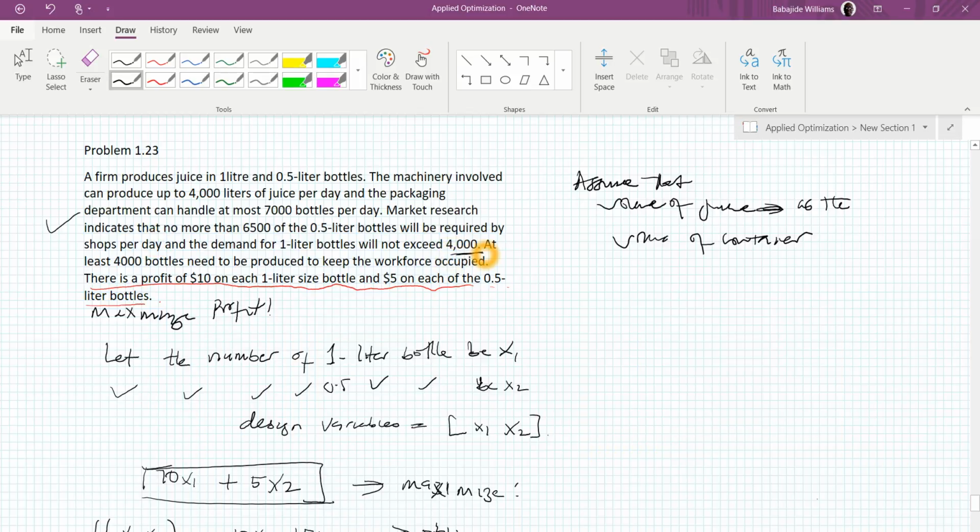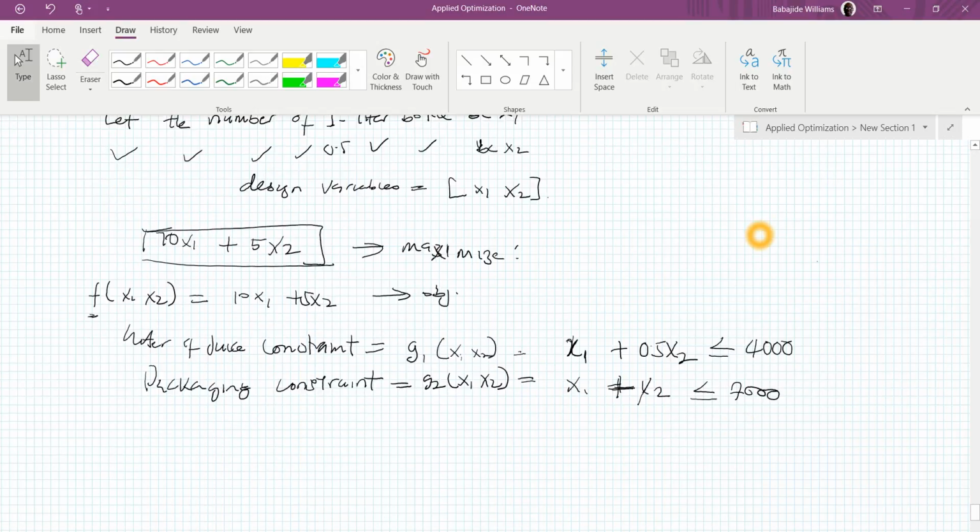It means demand here is saying we don't need more than 6,500 bottles per day of 0.5 liter. So these are demand constraints, meaning produce whatever you want to produce, but we don't want more than 6,500 of 0.5 liter bottles, and we don't want more than 4,000 1 liter bottles.